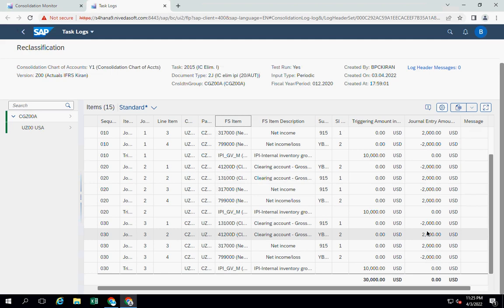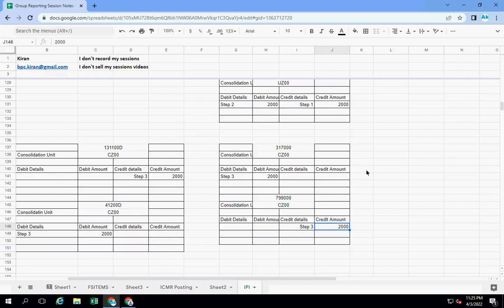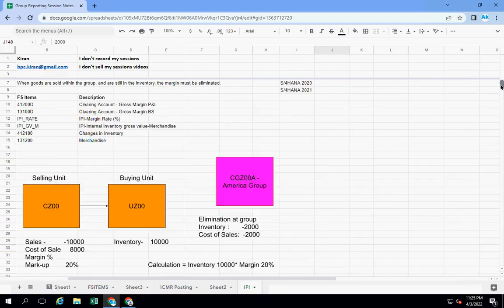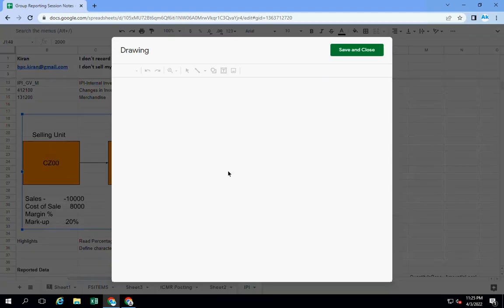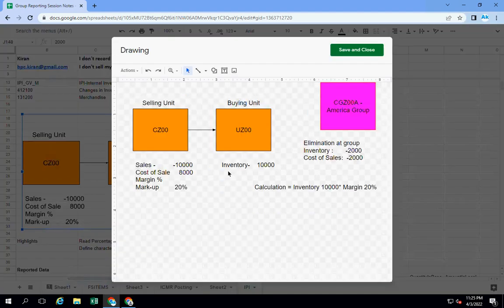Someone is asking a question. Kiran Prasad: Basically, from the consolidation perspective, the net impact of the entry would be that stock has been reduced, and to the extent of the profit already shown in the seller, that would be reduced, right?